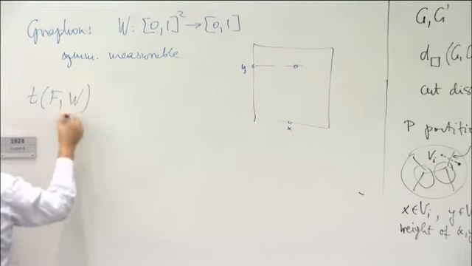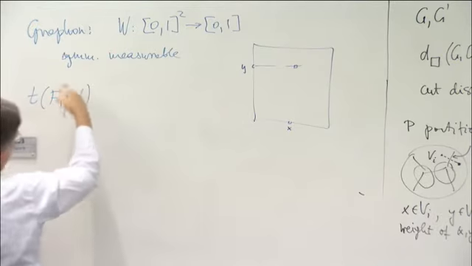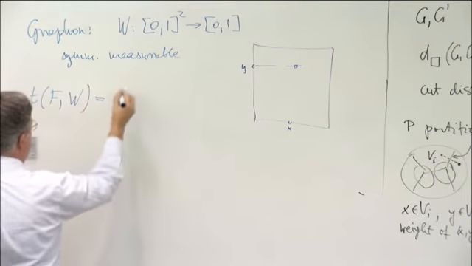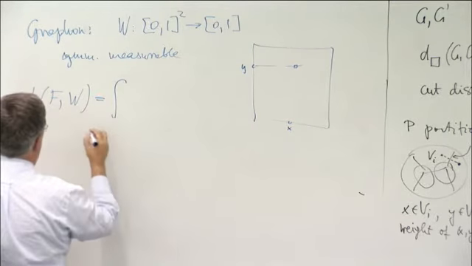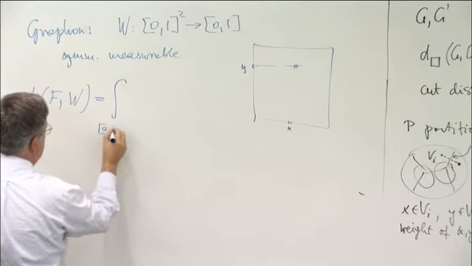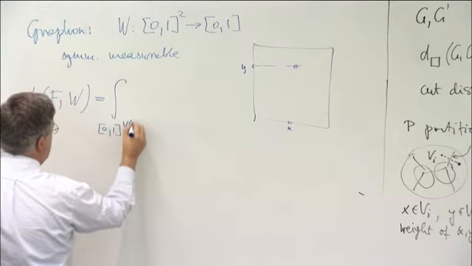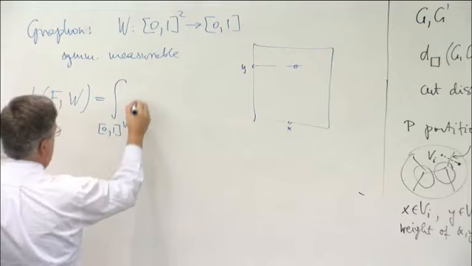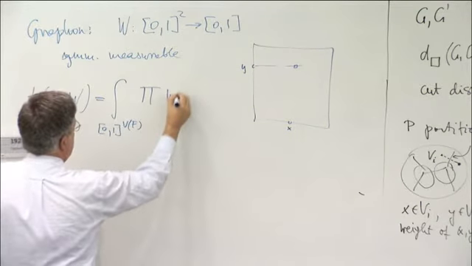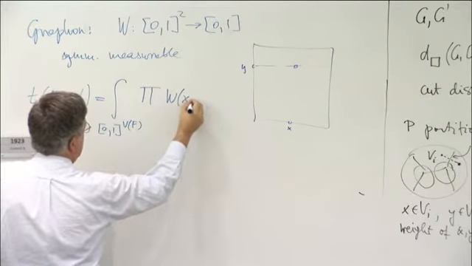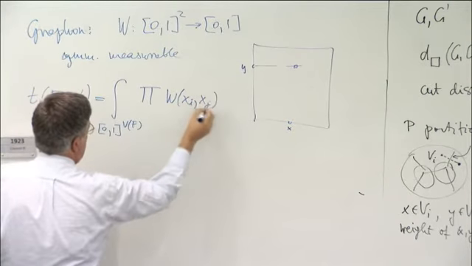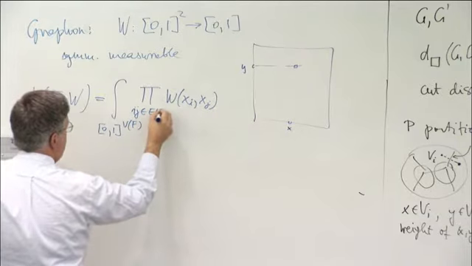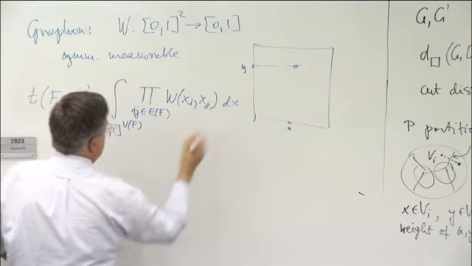So for example, this is one thing I will need. The density of F in a graphon, so the large graph will eventually become this graphon, can be defined as an integral over [0,1] to the V(F). So there will be a variable assigned to every node of V. And then you take the product of W(x_i, x_j) over all edges of F, and you integrate this out.